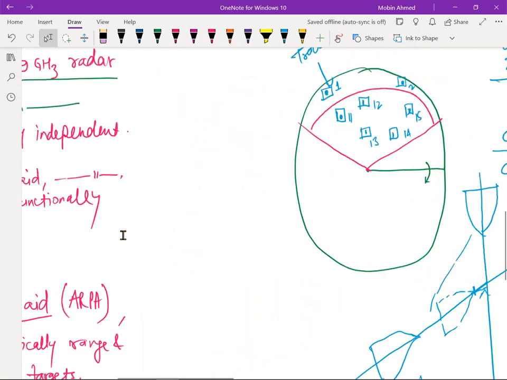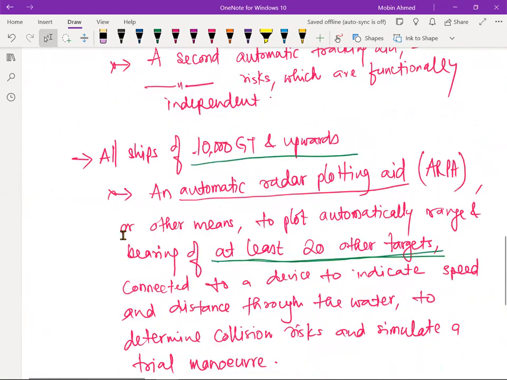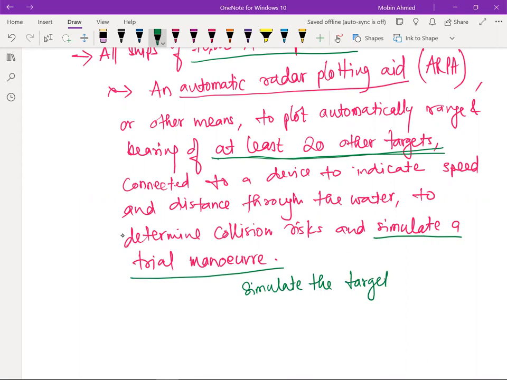So ARPA is doing exactly this, so that the collision is avoided. And second, it should have a provision for trial maneuver, where we simulate the targets and change our ship's direction, so that we avoid the collision risk.